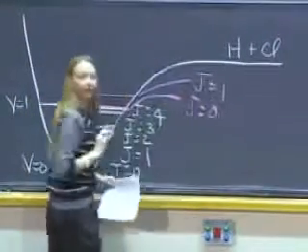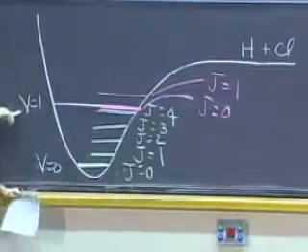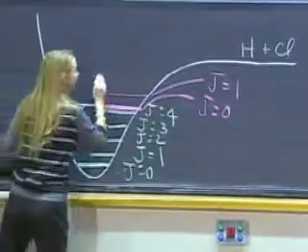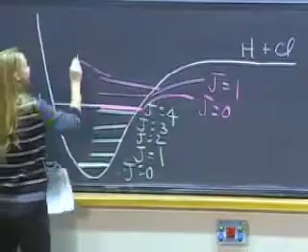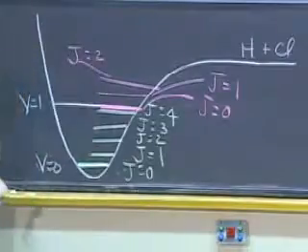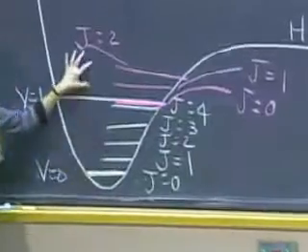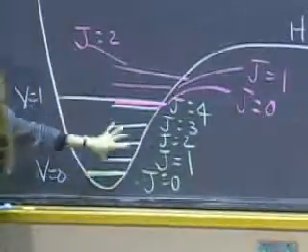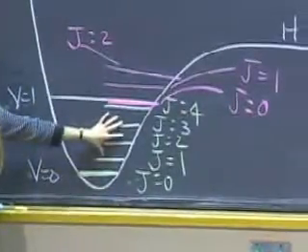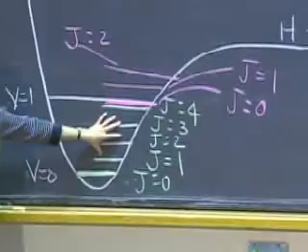Well, then it has that energy. Or a molecule in the first excited vibrational state and the second rotational state. Well, then it has that energy. All right? So each one of these vibrational states has on top of it a manifold of rotational states.